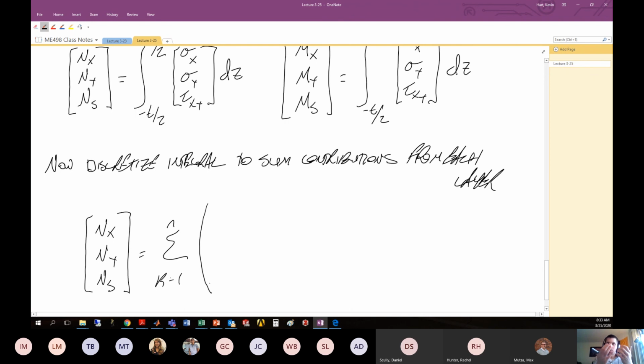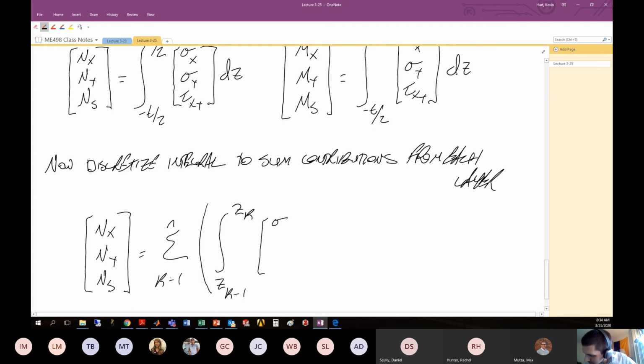We're going to sum the integral of the stress distribution in each particular layer. Okay, so we're integrating from the bottom of layer K, which here, using our geometric description, is the location ZK minus 1, to the top of the individual lamina K, which is by our geometry ZK.